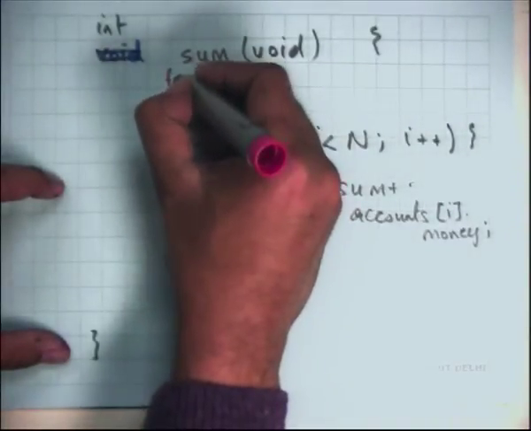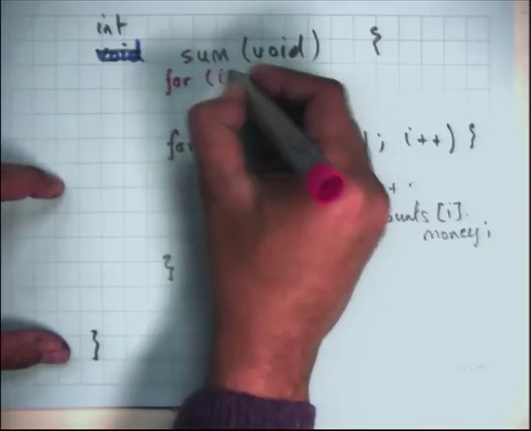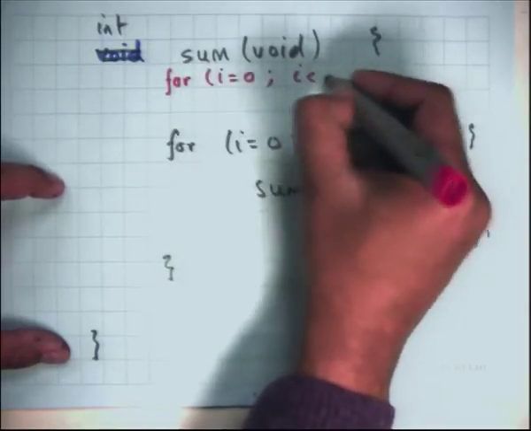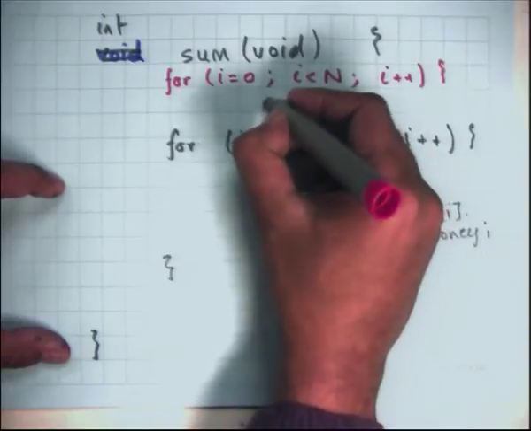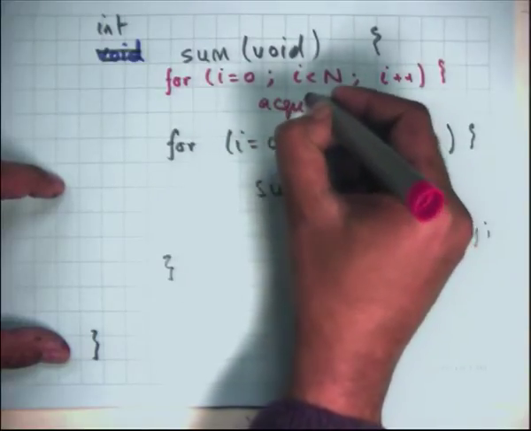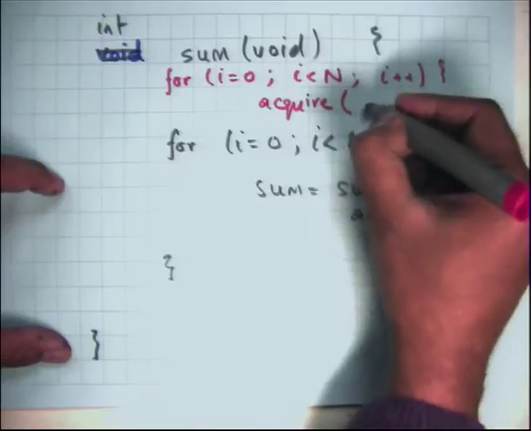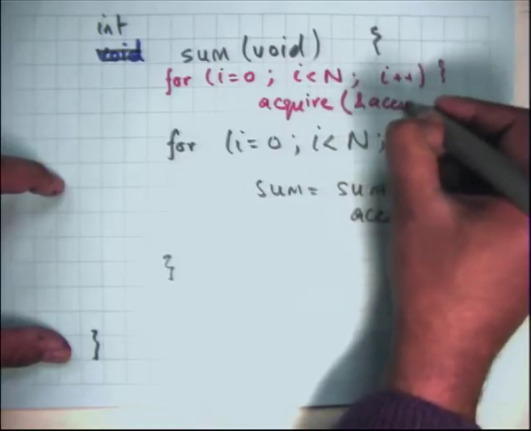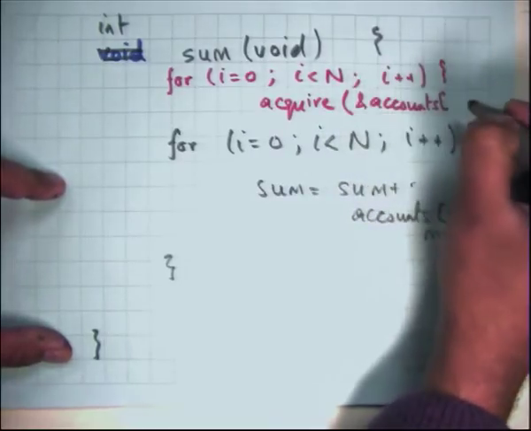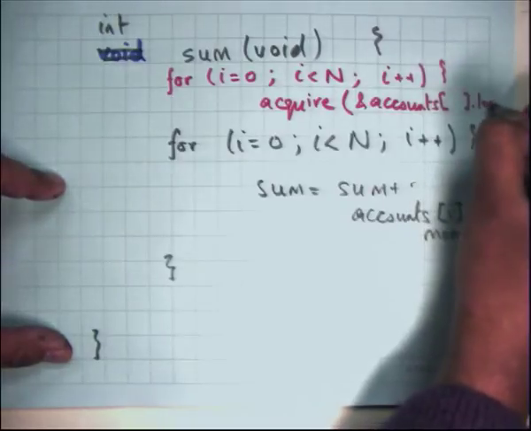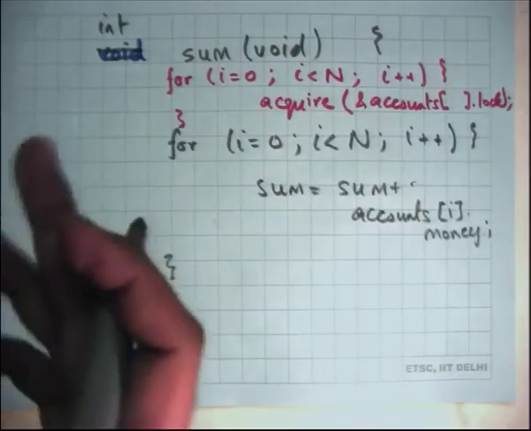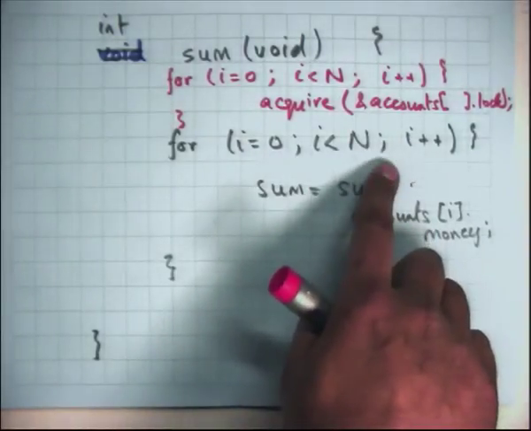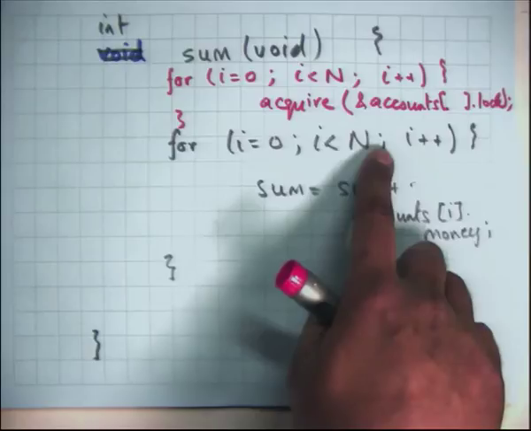Let's say the right thing to do would be for i equal to 0, i less than n, i plus plus, acquire accounts[i].lock. Well, this is not correct either, right? Because I'm not obeying any order on the locks. I should have really ordered it by ID.